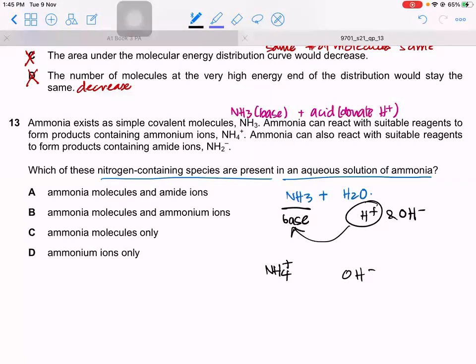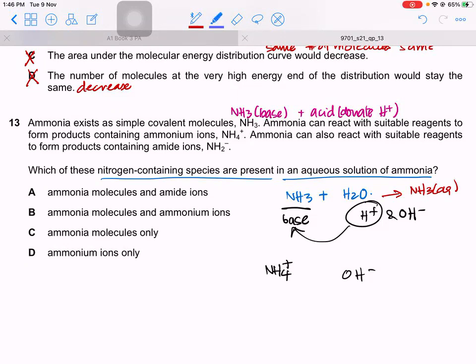So definitely you are making ammonium ion. In aqueous solution of ammonia, you will also have aqueous ammonia, because ammonia makes hydrogen bonds with water. So you will have ammonia and ammonium both.